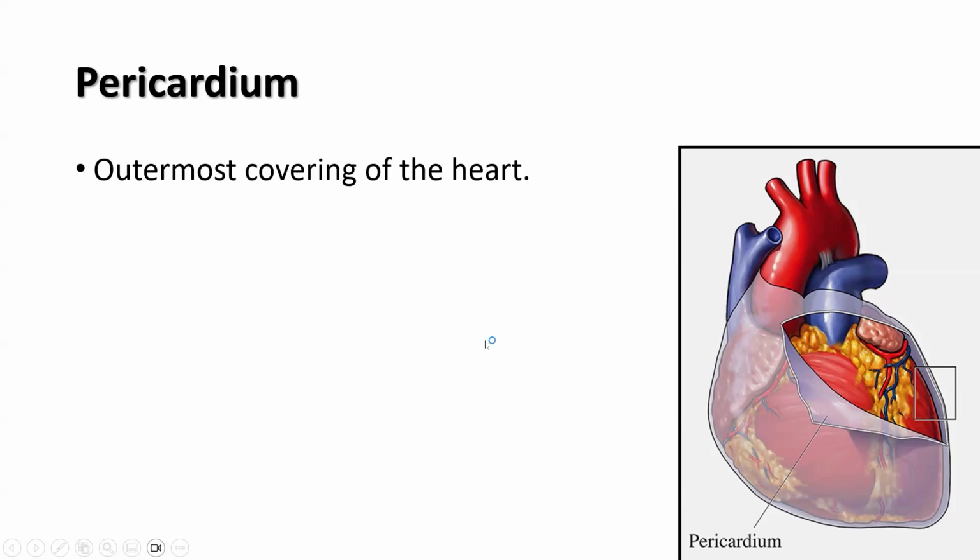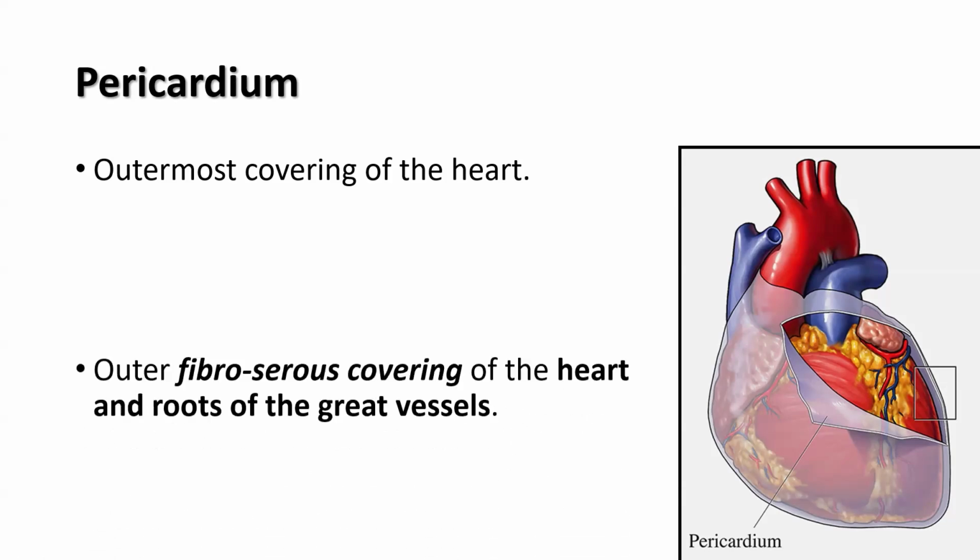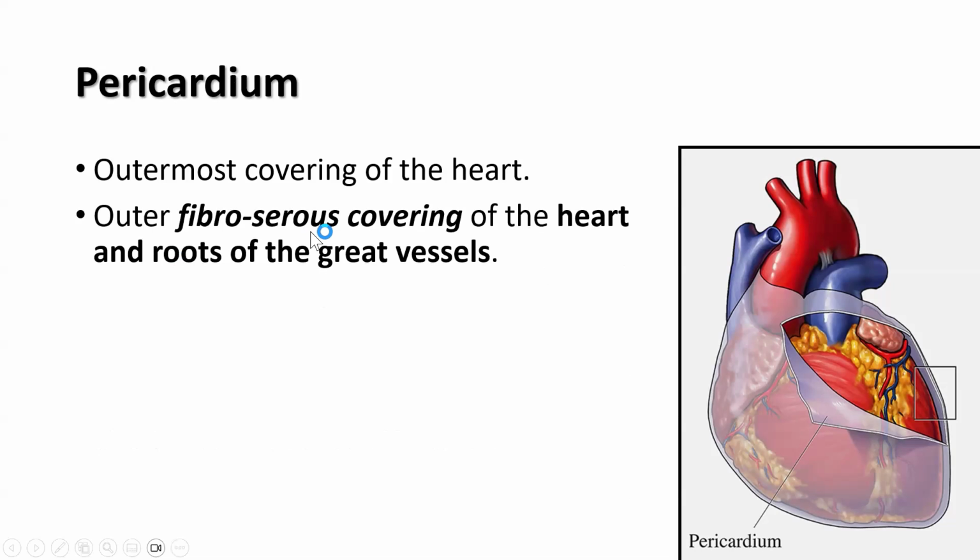Now, if we want to elaborate the definition a bit, then we can say outer fibroserous covering of the heart and root of the great vessels. Now let us explain all the words here. It is the outer covering, okay.